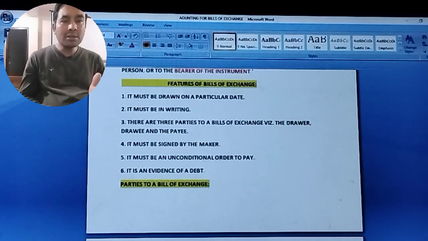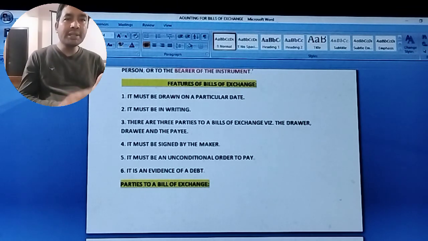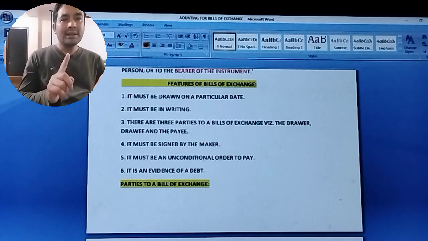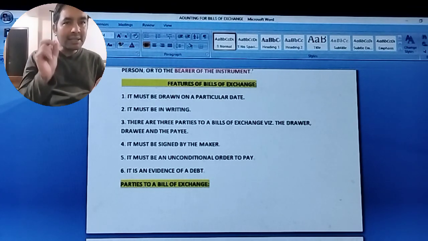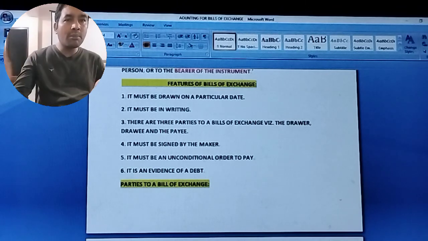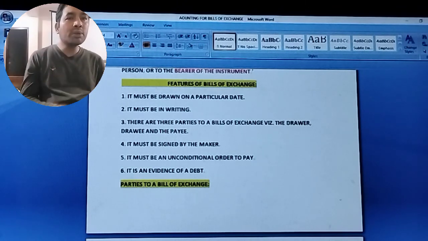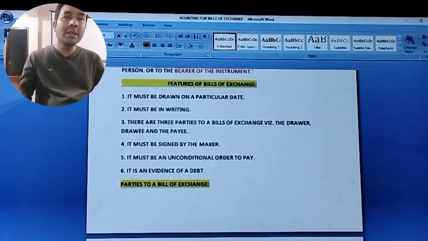The person to whom the bill is drawn. And generally, the buyer is the drawee who accepts the bill. And who is the payee? The person mentioned in the bill to whom the amount is payable. It means the person to whom the amount mentioned in the bill is payable.